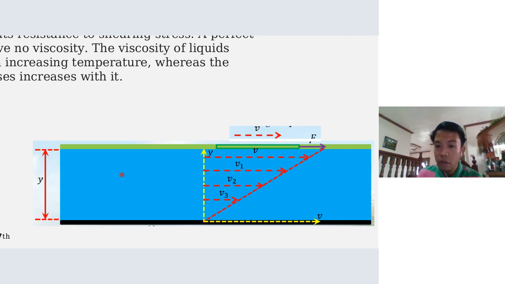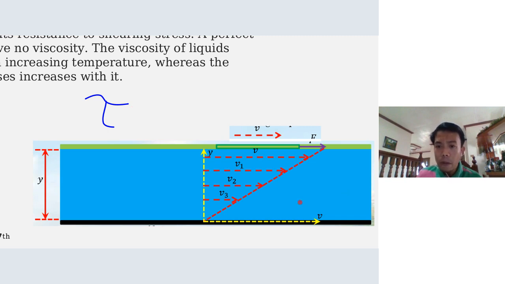So, kung meron tayong dalawang layer and then they are sliding past each other, basically at the layer between them, it experiences shear stress. Okay, it experiences shear stress. So that shear stress can be represented as this symbol.